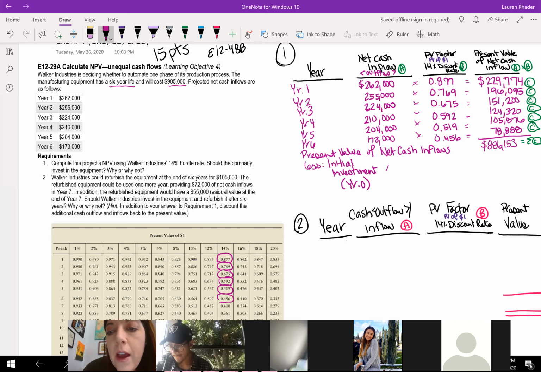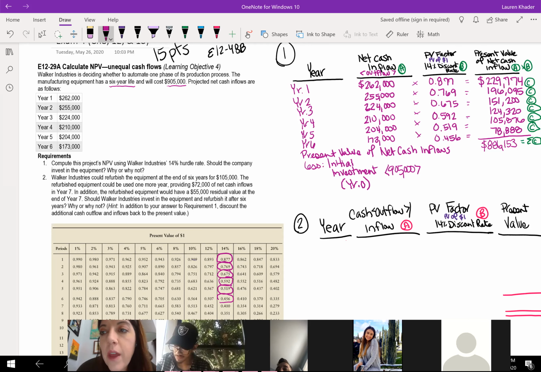It's an outflow of cash. It was given to us at the top, $905,000. When we have an outflow of cash that happens immediately, the present value factor is 1.000, because it's already in the present. 905,000 is our outflow of cash.